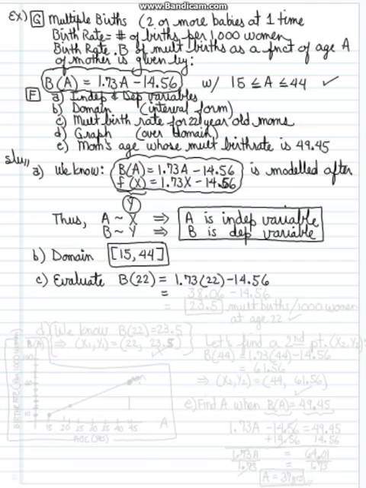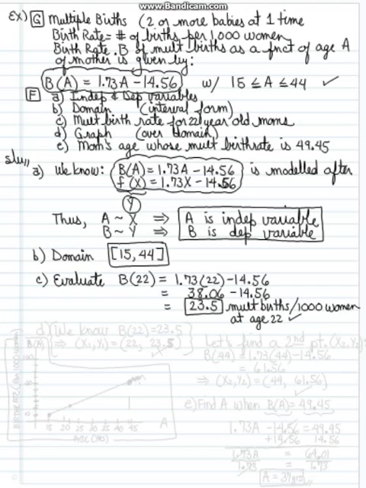When you multiply 1.73 times 22, you get 38.06 minus 14.56. Then you line up the decimals and do the subtraction, you get 23.5. So the answer is 23.5 multiple births per 1,000 women at age 22.